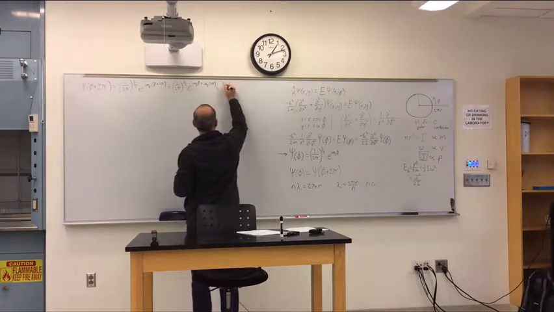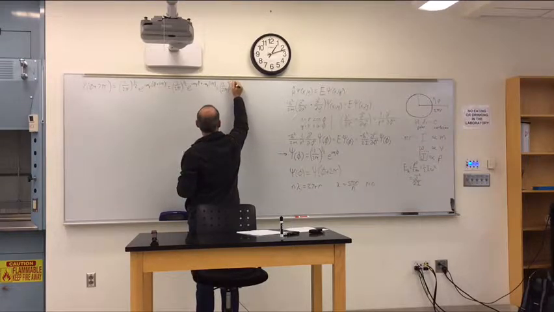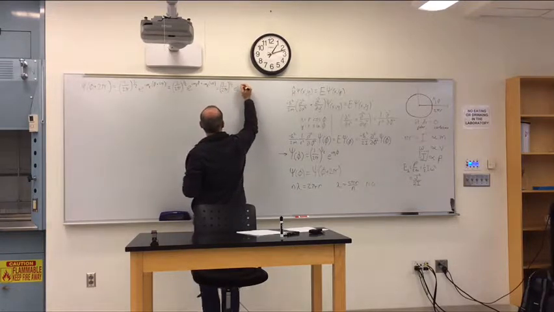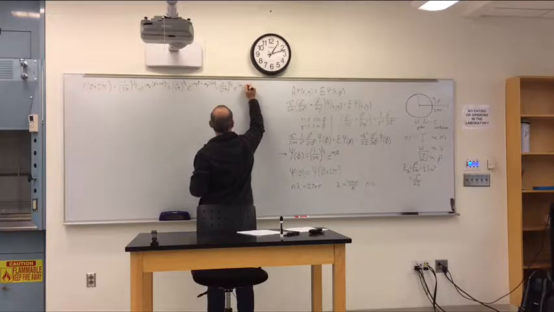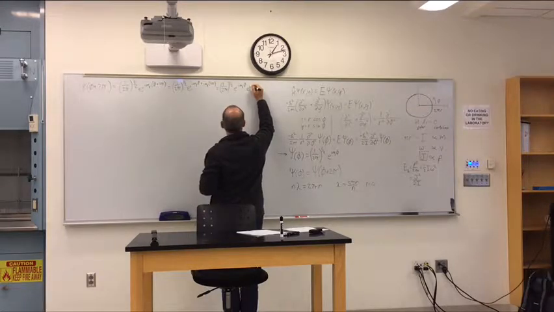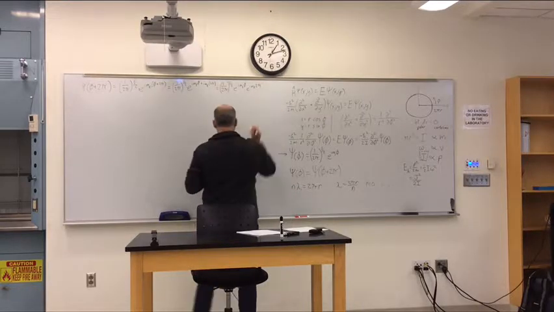This is equal to 1 over 2 pi to the 1/2 e to the i m l phi times e to the i m l 2 pi.